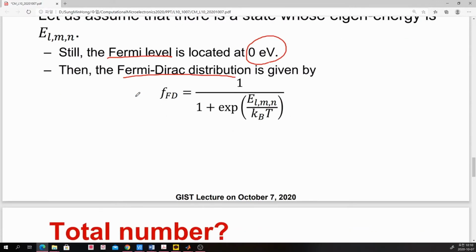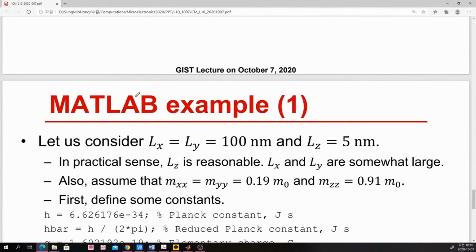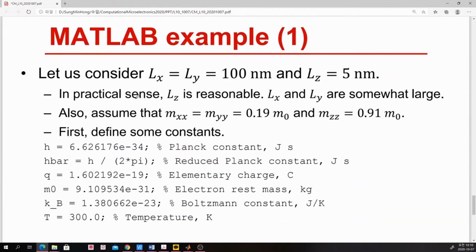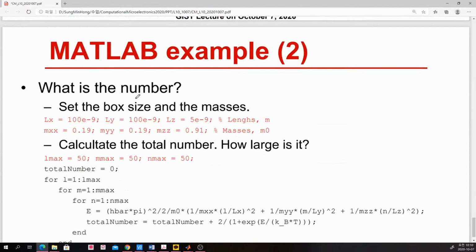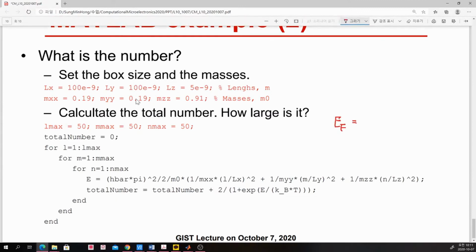Here we have a MATLAB example, and you can just follow it and find the total number. But what I wanted to ask you as an exercise is to follow this example and change it a little with a different Fermi level.